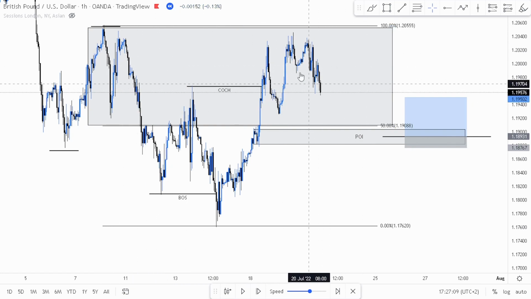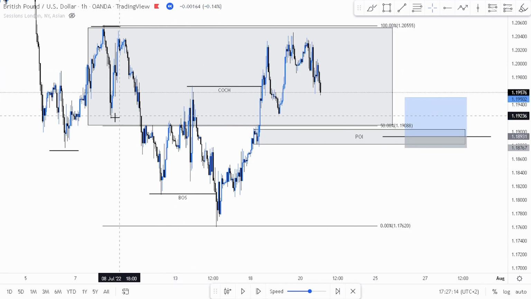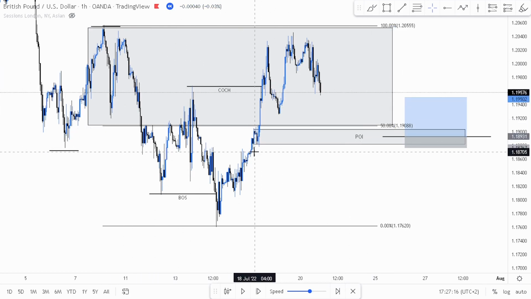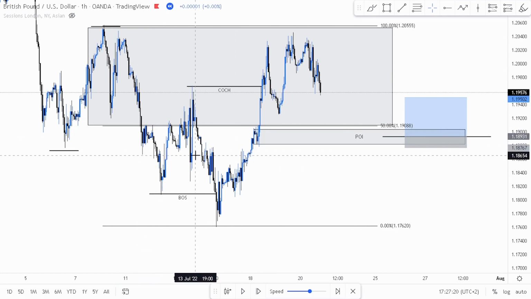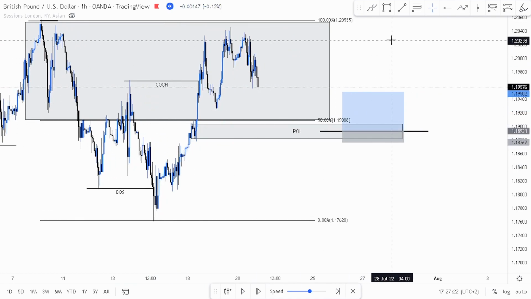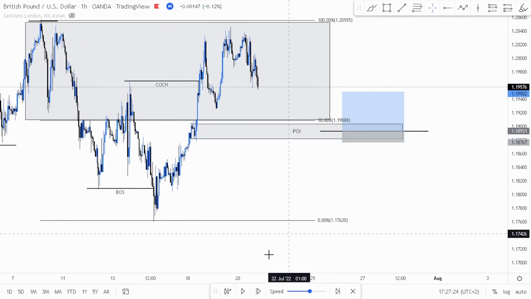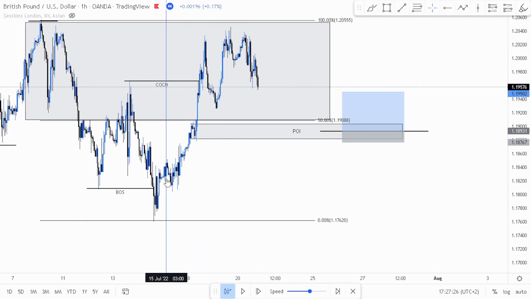Now why do I say you want to get involved in these areas? It is simply because when you get involved in the lower half of the Fibonacci, most of the time you get caught out on the wrong side, whereby maybe, let me just quickly take this back to explain it properly.